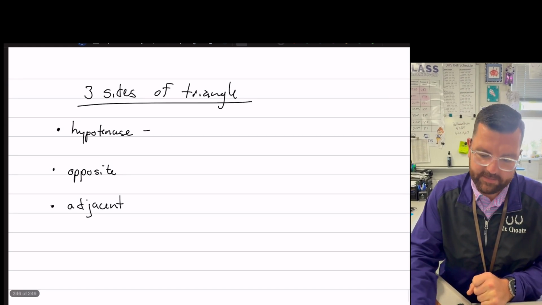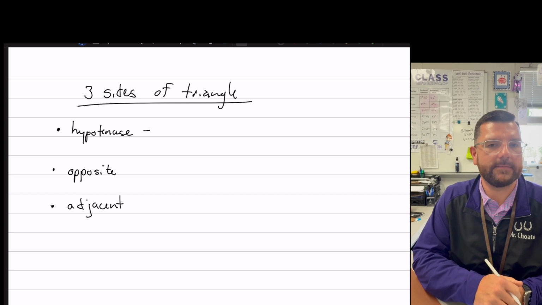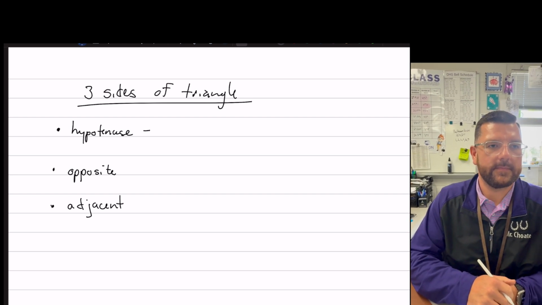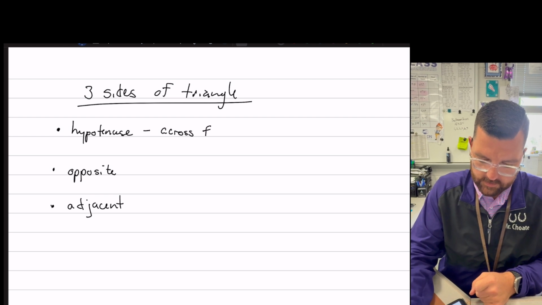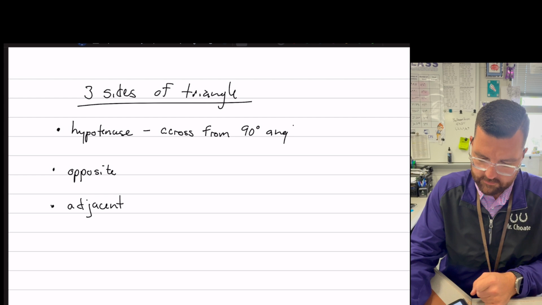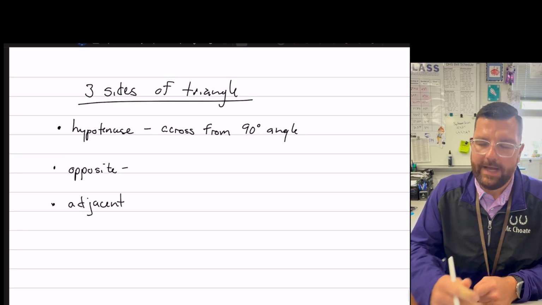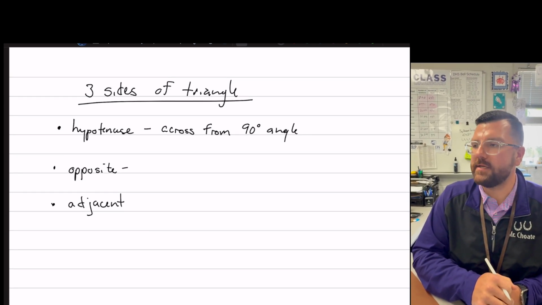How do we determine where the hypotenuse is? Across from the 90-degree angle. How do I determine where the opposite side is?